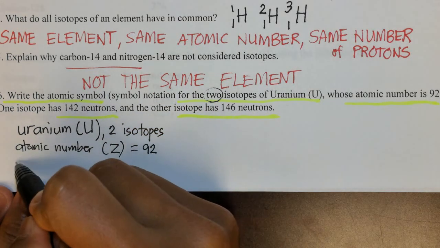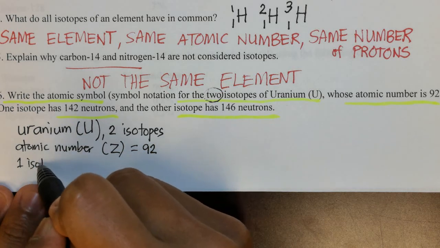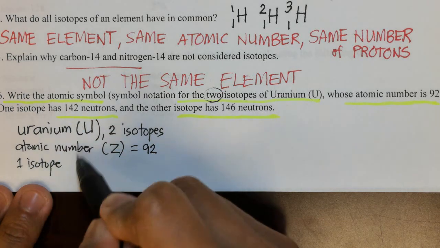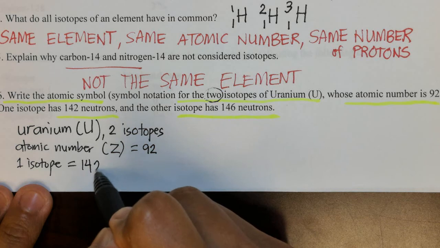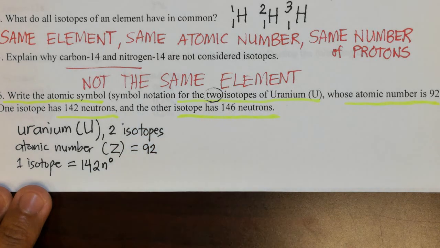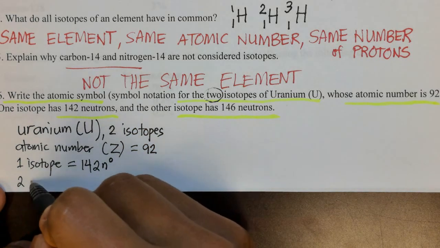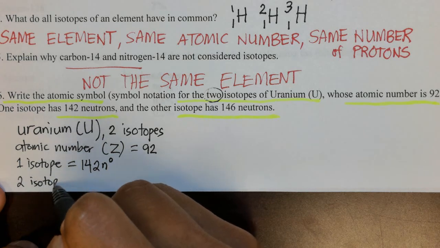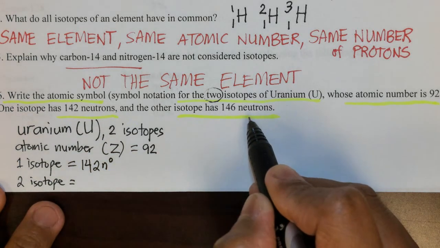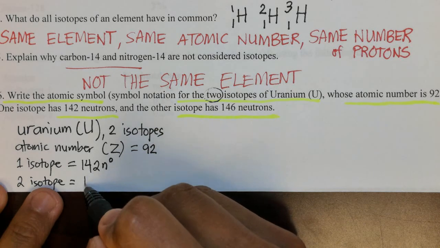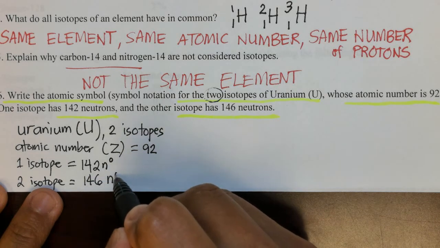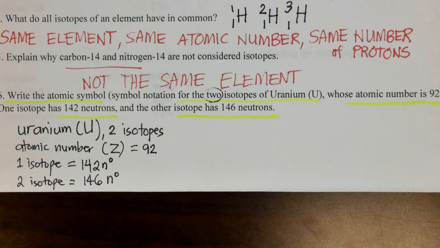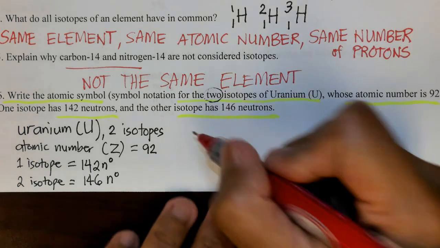Then 1 isotope has 142 neutrons. So let's write that down. 142 neutrons. The second isotope has 146 neutrons. So how do we write the symbol? Let's recall the format.